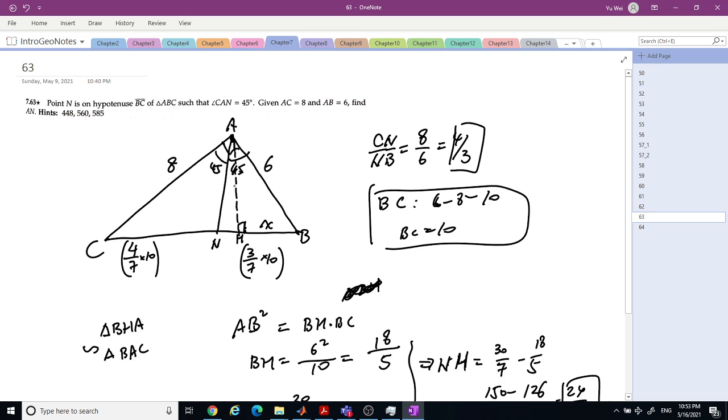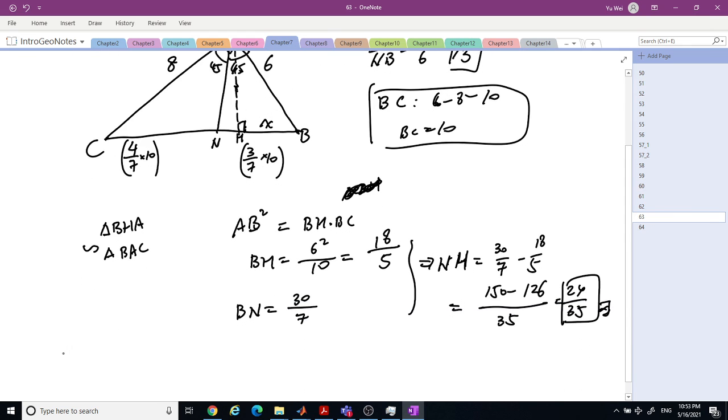Now the other thing we want to solve is AH, okay? It's the same thing. We know AH over 6 is equal to 8 over 10. So we know AH is equal to 6 times 8 over 10, which is 24/5.